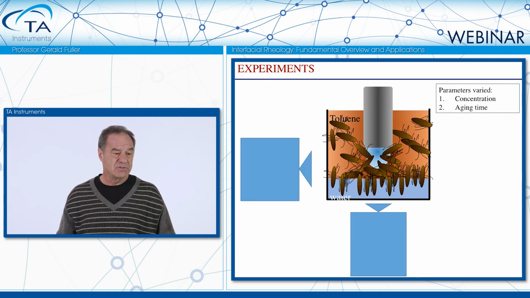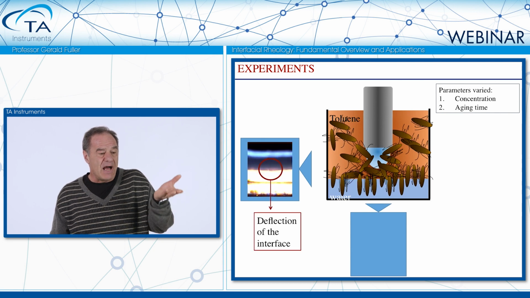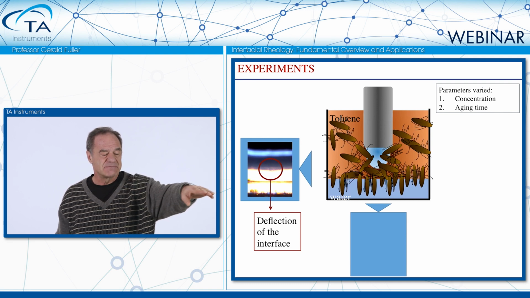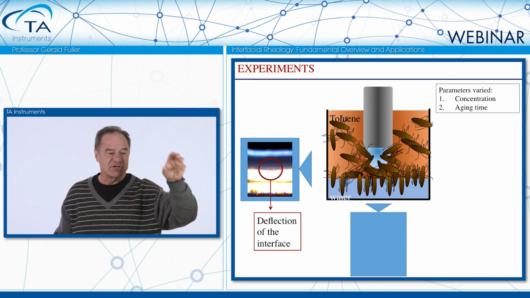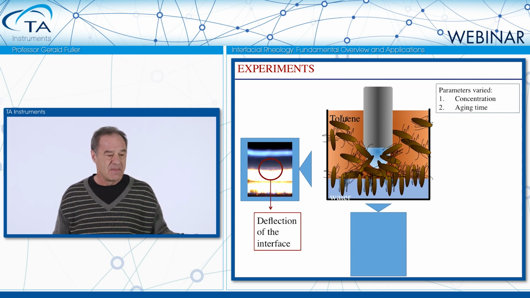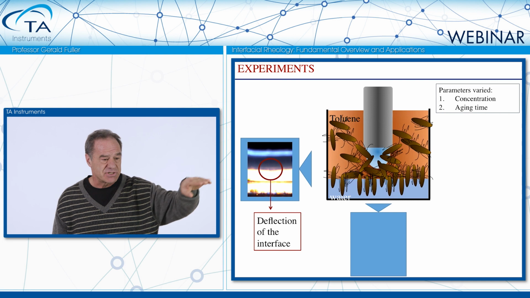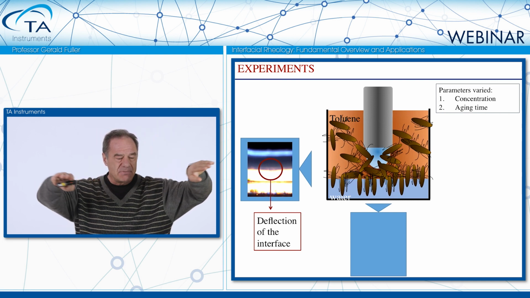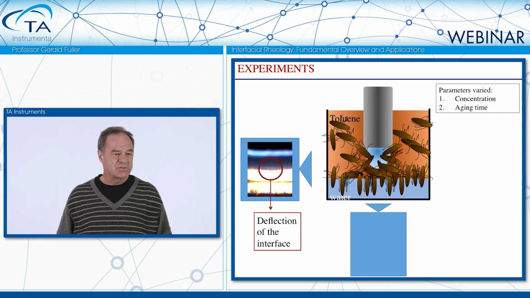So we've got some cameras, one on the side, and you can see the interface. Actually, we bring it up, and you'll see a slight curvature of the interface. You can't see the drop because once you put asphaltenes in the toluene, it's black. But you can see this depression. And that's that big drop coming down, and you're squeezing the toluene out.